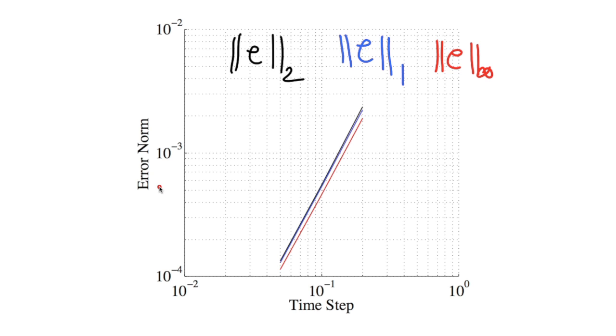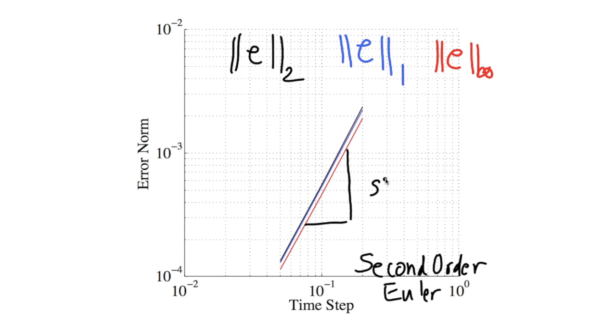Error is plotted on log scale here, and the horizontal axis is log of the time step, and this was for the second order Euler scheme, for which we expect error to decrease with time step with a slope of 2 on this log scale. So here we are seeing a slope of 2. So error is decreasing much more rapidly as the time step is refined compared to the first order method that we previously saw.